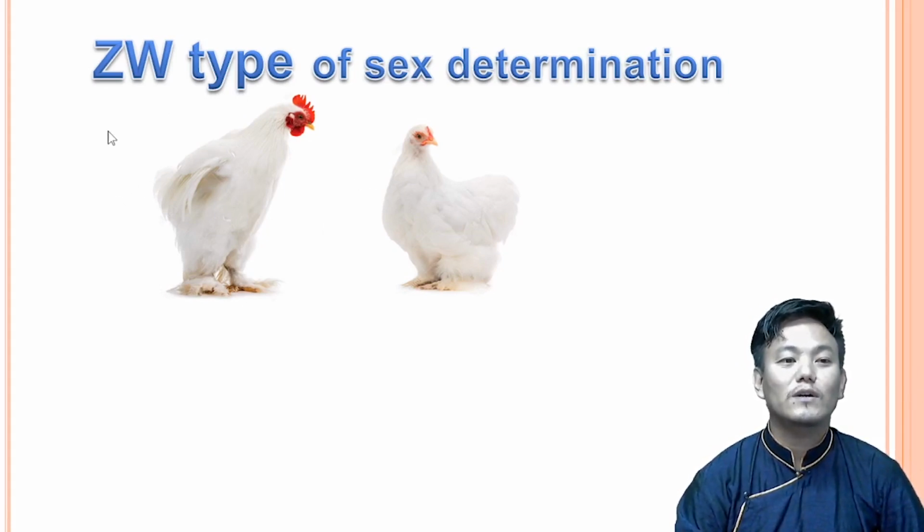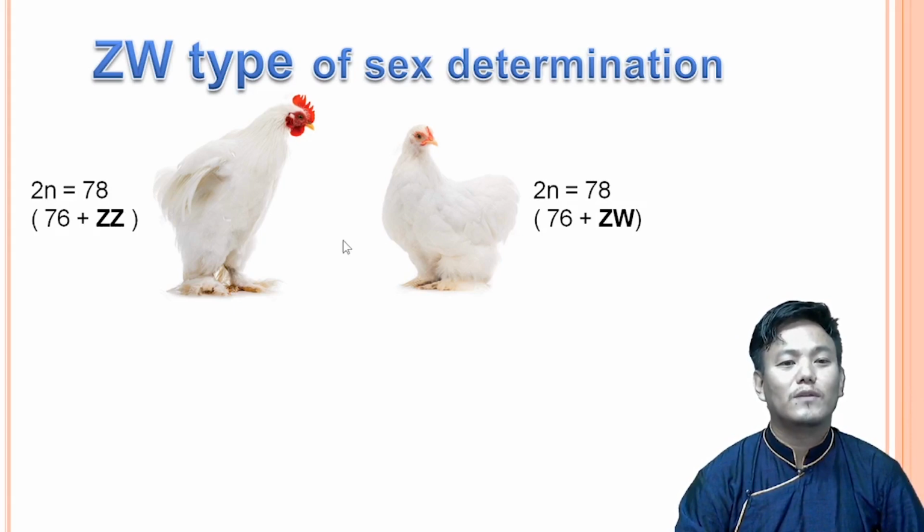In domestic chickens, ZW type of sex determination is found, in which the males have 76 autosomes plus 2 Z chromosomes, whereas females have 76 autosomes plus 1 Z chromosome plus 1 W chromosome. So here the male is carrying 2 similar sex chromosomes, both Z chromosomes, whereas in female chicken there is 1 Z chromosome and 1 W chromosome. So the sex chromosomes are different in females.